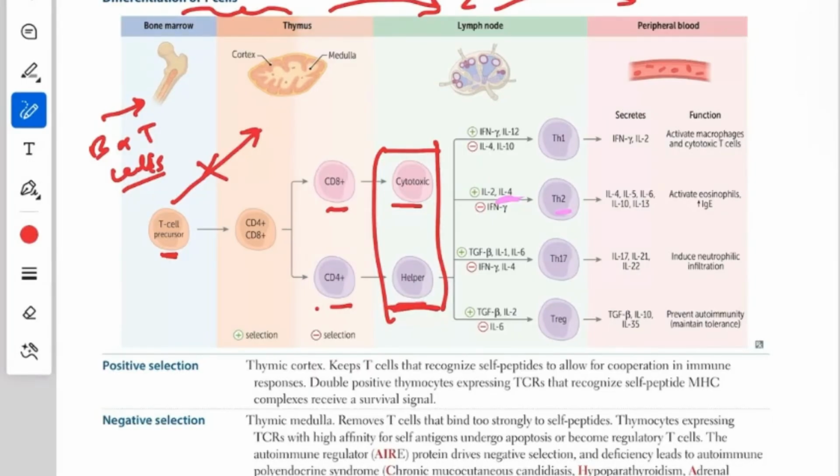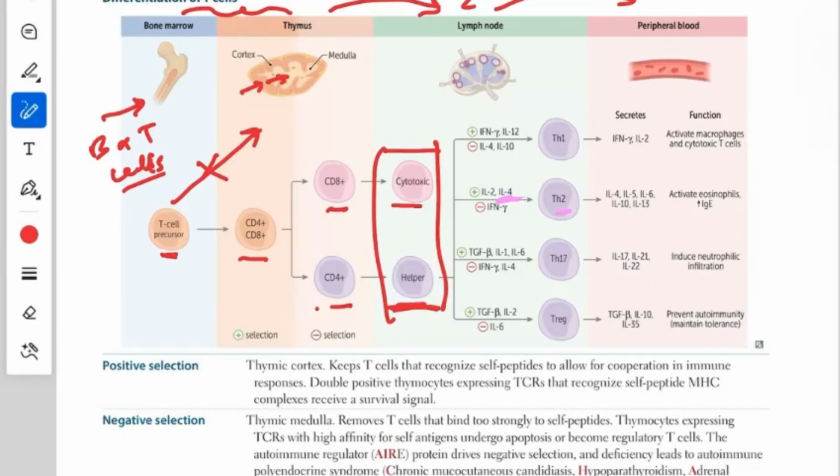Once it gets to the thymus, it first reaches the cortex before going into the medulla. It arrives in the cortex of the thymus, and then from the cortex will enter the medulla.